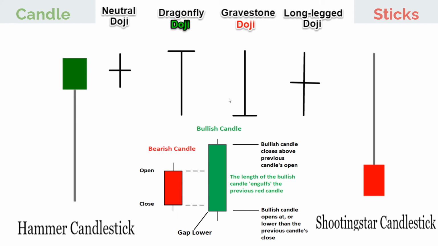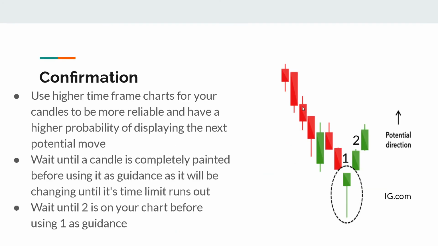You have the gravestone doji, which is a bearish candle, pretty much means that you open and close at the same price, but within that hour you went really high in price but were not able to sustain those prices. Then you have the long-legged doji candle, which is also kind of neutral, but since you went really high up and really far down within that hour, it could signal an increase in volatility in the near future, which means the price could potentially be moving up and down a lot more.